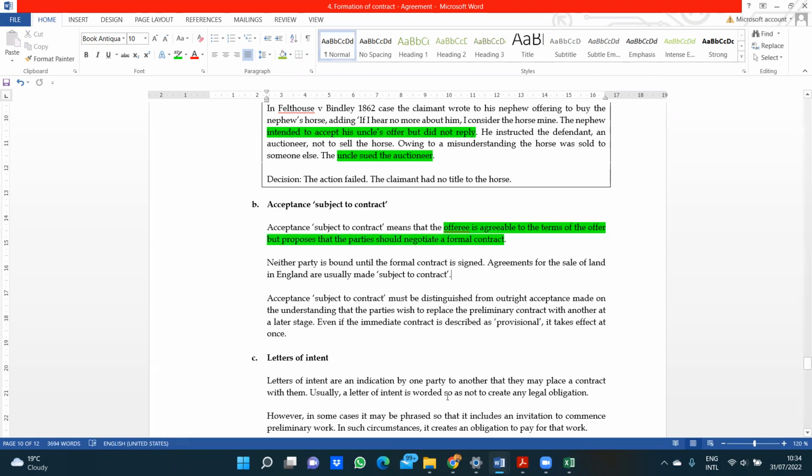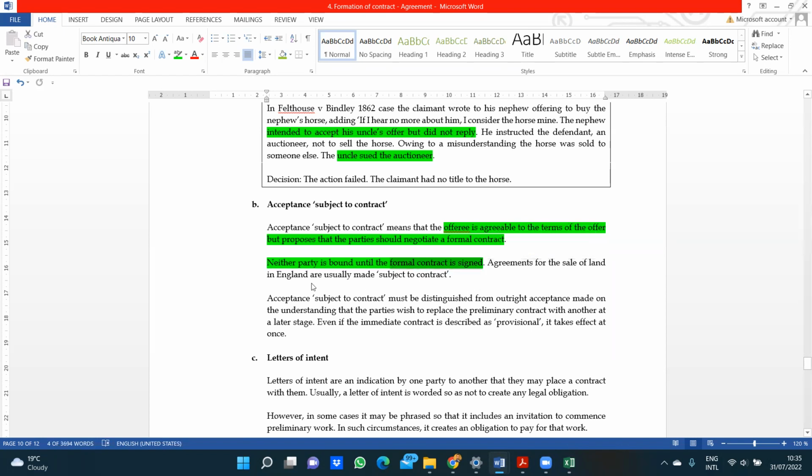So it is acceptance of the offer, yes, but with a proposal that there needs to be a formal contract that needs to be signed. Neither party is bound until the formal contract is signed. Even though they are in agreement, the parties are not bound until the formal contract is signed.